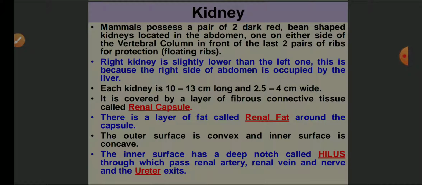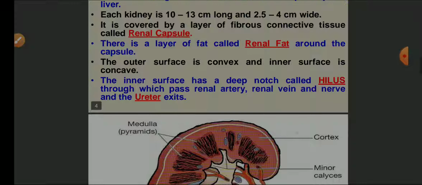The outer surface is convex while the inner surface is concave. The inner surface has a deep notch called hilus. Through this, the renal artery, renal vein and nerve enter while the ureter exits. So the ureter comes out from the notch-like structure called hilus.